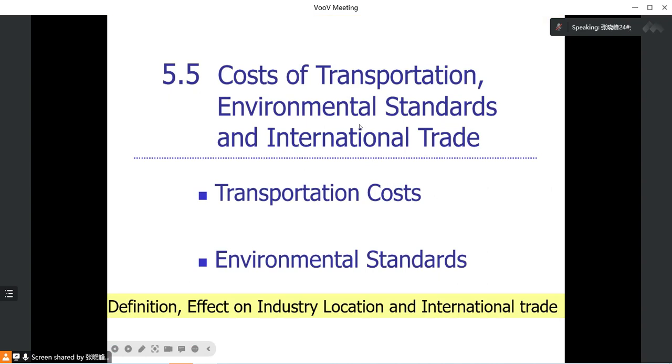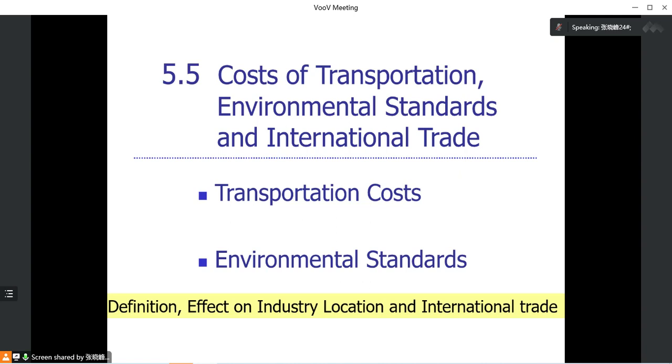Next, the cost of transportation, environmental standards, and international trade. Superficially, the cost of transportation, translated into contemporary understanding, is the logistics of a country.